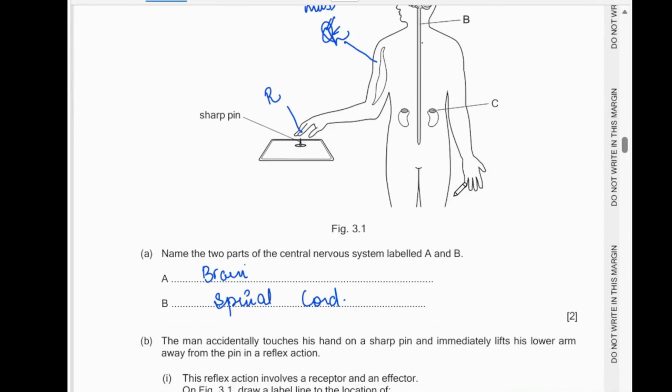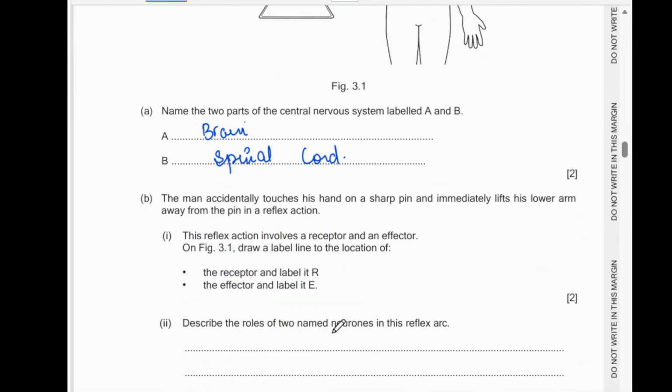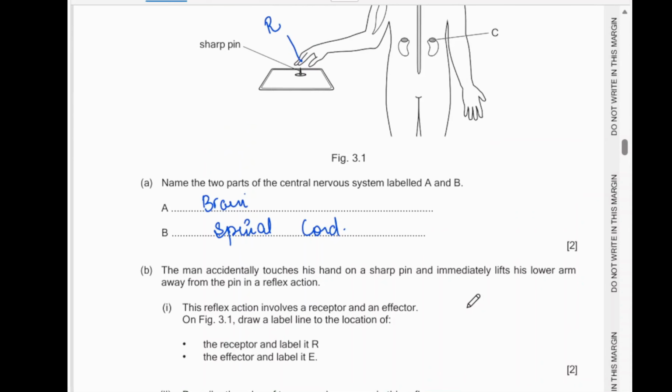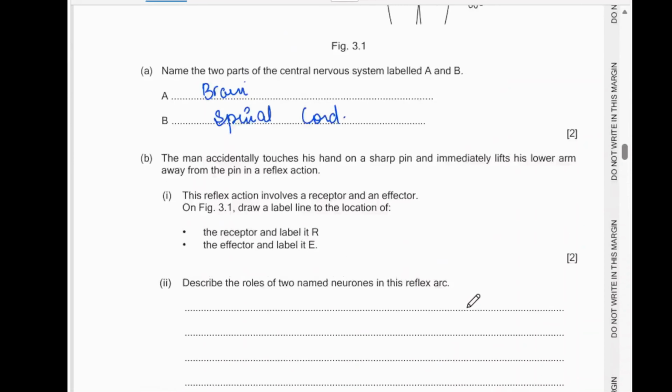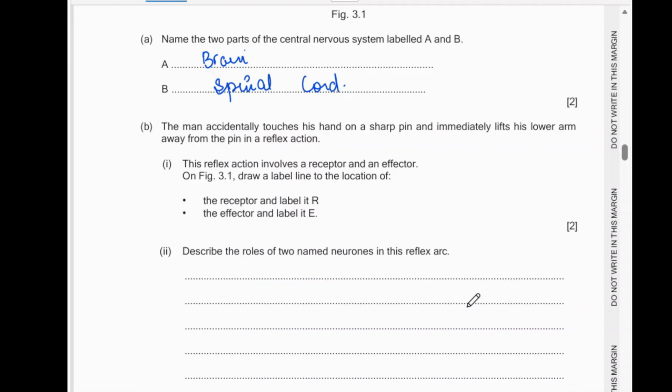Okay. The next thing is: describe the role of two named neurons in the reflex arc. So in a reflex arc, there are two main neurons. One is the sensory neuron and the motor neuron. These are the more important. You can write relay neuron, but you have to give the function. Okay, what is the function of sensory neuron?